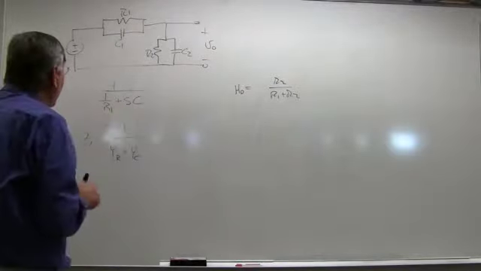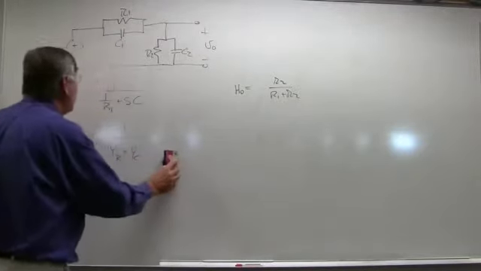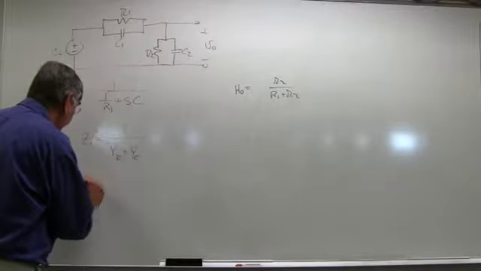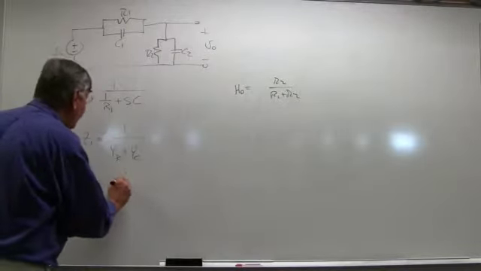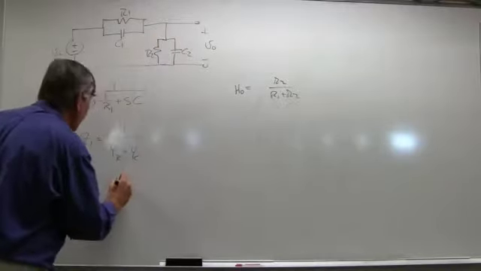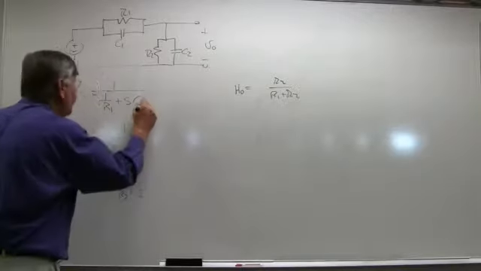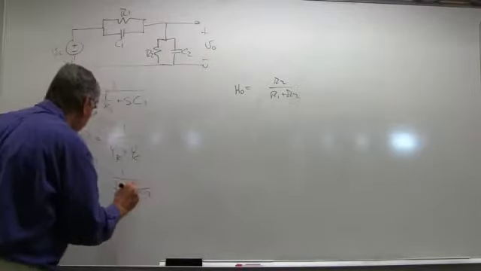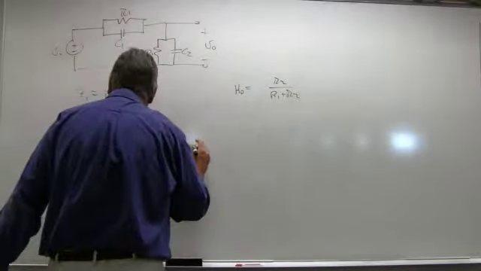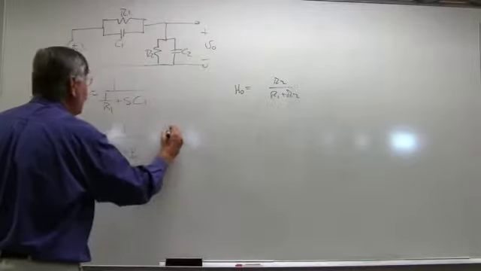So that's how I got that. At this point I might as well keep going. That's Z1, so we can write the whole thing this way. There's a corresponding expression for the impedance of the second combination, which is 1 over 1 over R2 plus SC2. So now I can use my voltage divider. We'll come back to that trick, and I'll show you another way we could have done that. But let's go on from here.